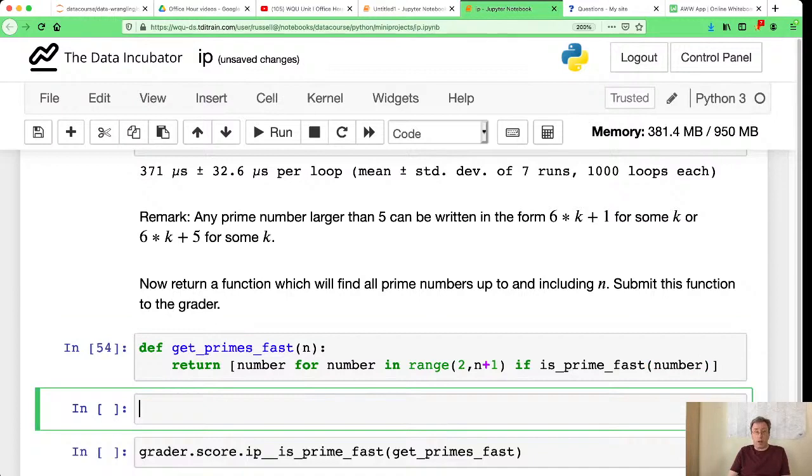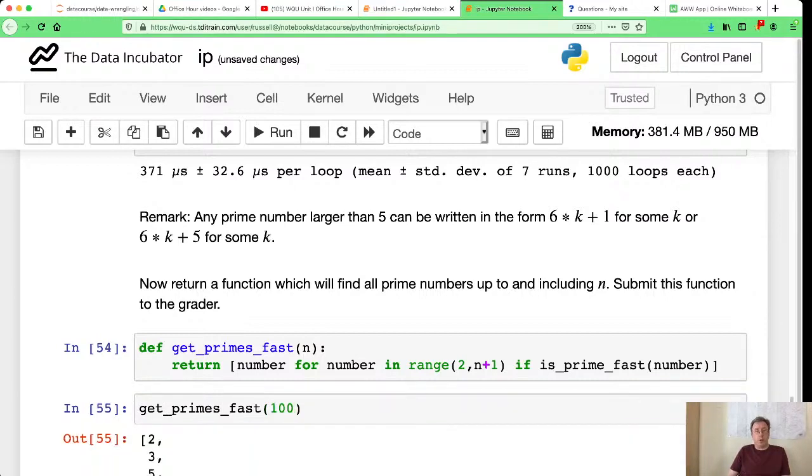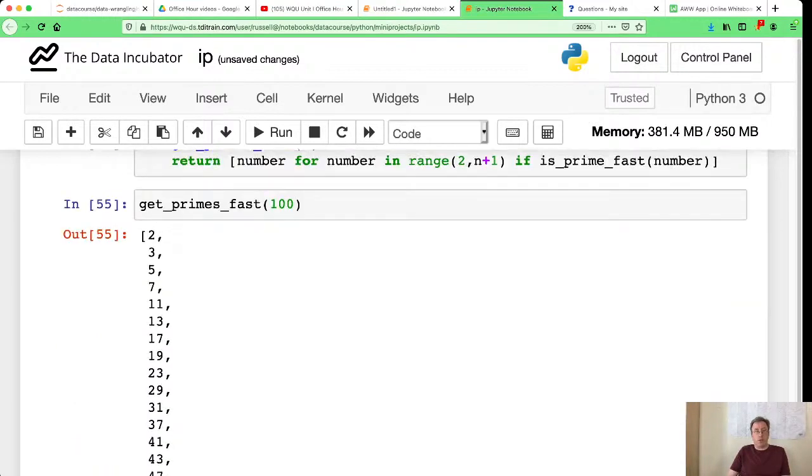Get primes fast of 100. Right, 2, 3, 5, 7, 11, etc.